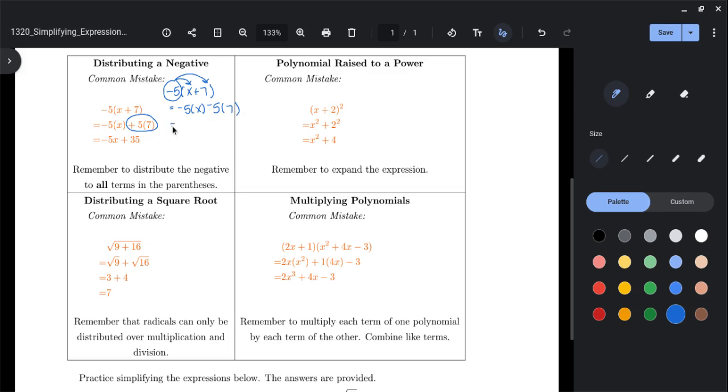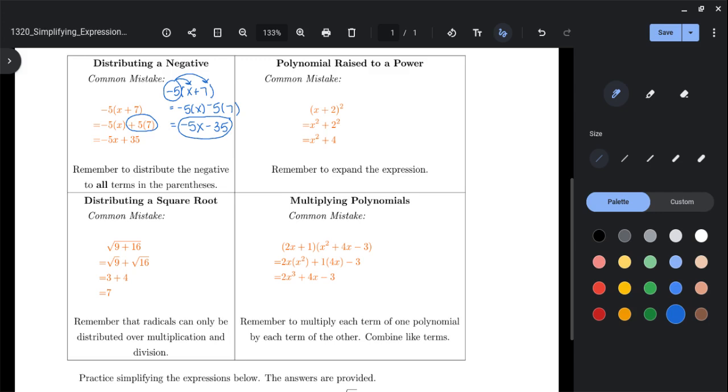So then we can do this multiplication. -5 times x is -5x. -5 times 7 is a -35. And so there is our simplified expression. So here, just remember that you're distributing the negative and that term, so the sign with the number, to all terms in the parentheses, not just the first one.